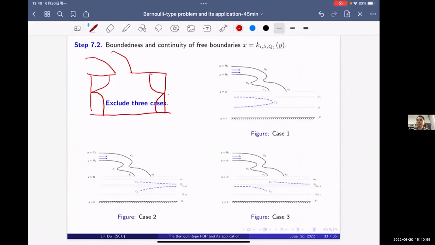So if we take the limit as mu goes to infinity, the free boundary may break. So we will exclude the following two cases and show the continuity of the free boundary in the original domain omega.